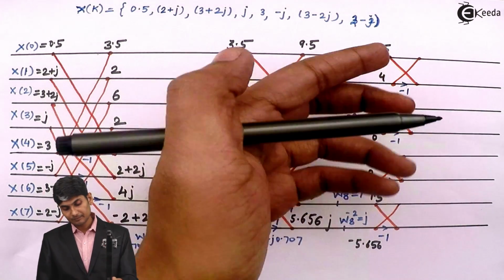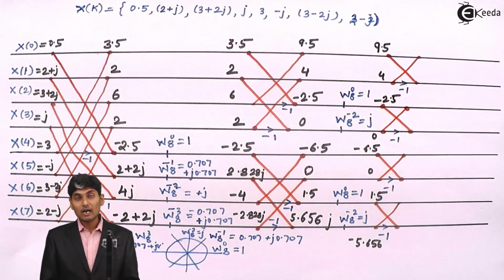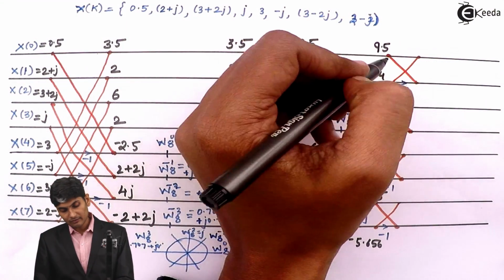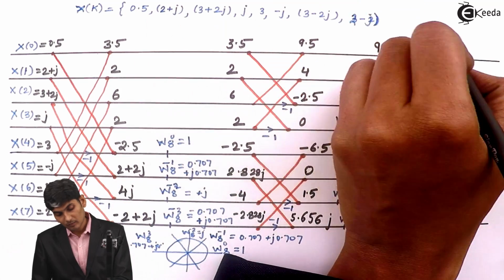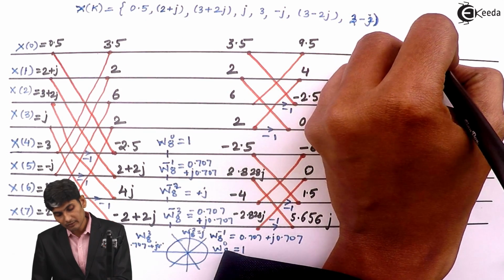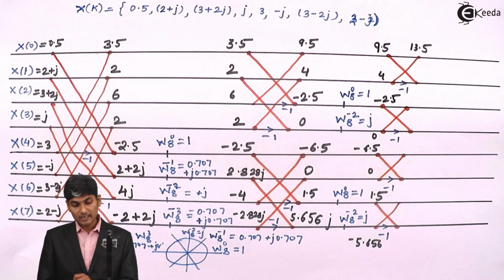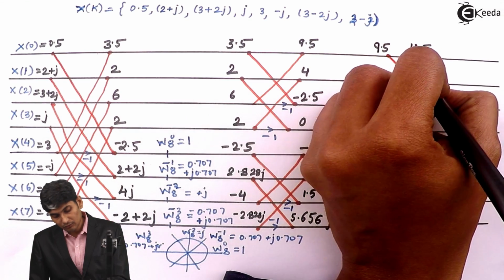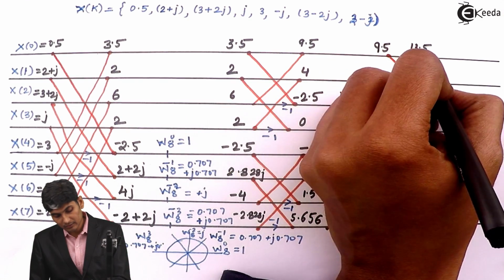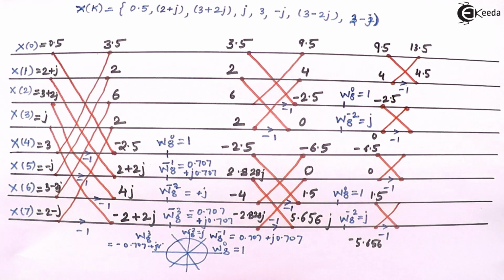Now we will get through the final answer. 9.5 plus 4 will give me 13.5, whereas 9.5 minus 4 will give me 4.5.